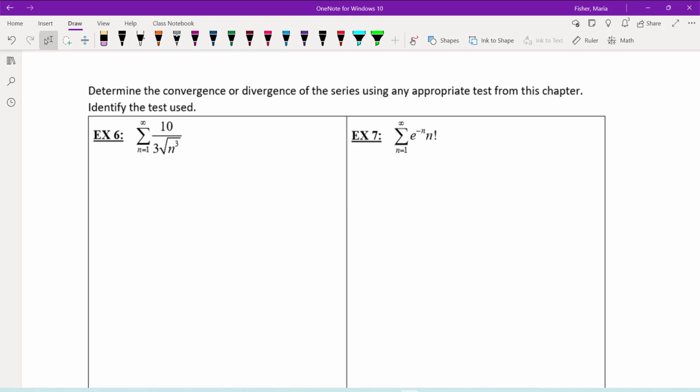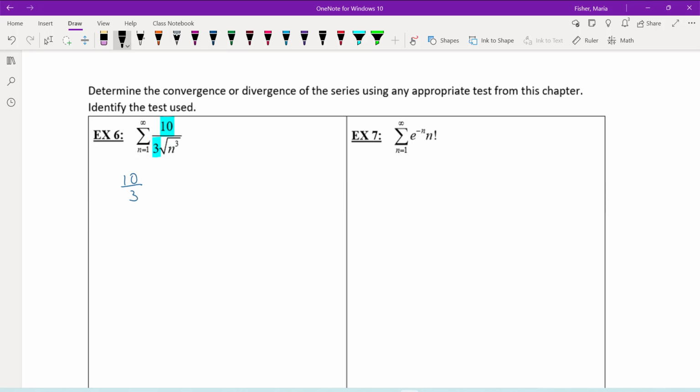Number 6 is the sum from n equal 1 to infinity of 10 divided by 3 times the square root of n cubed. Well, notice that 10 and 3 are just multiplying. Those are constant multipliers. A constant multiplier can be factored out of the series.